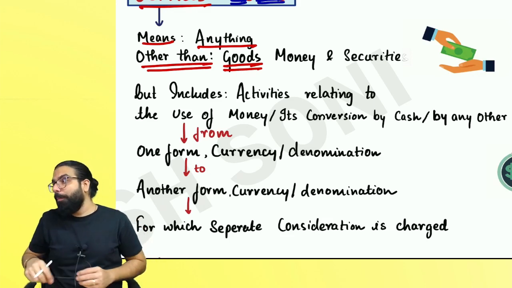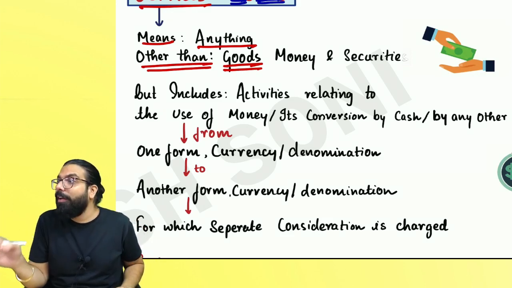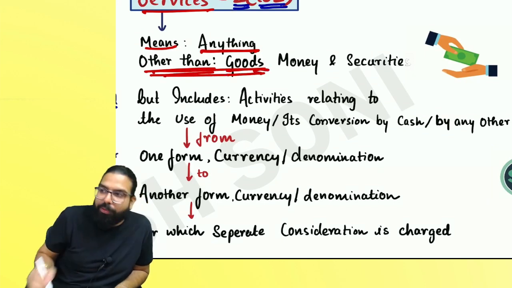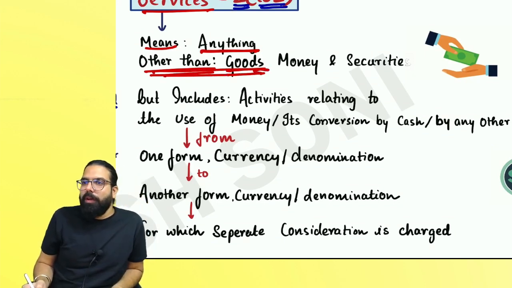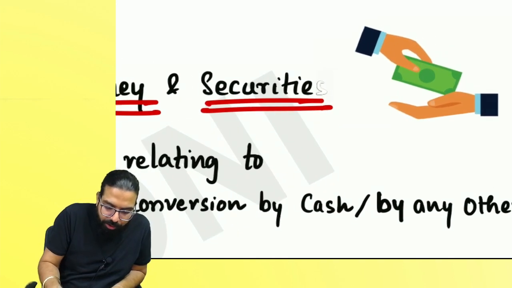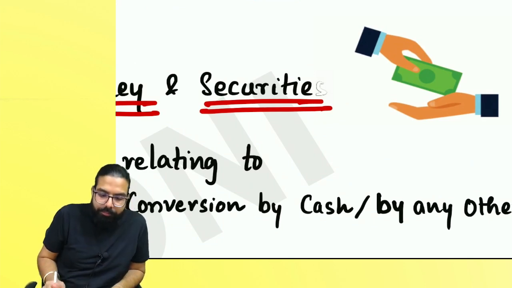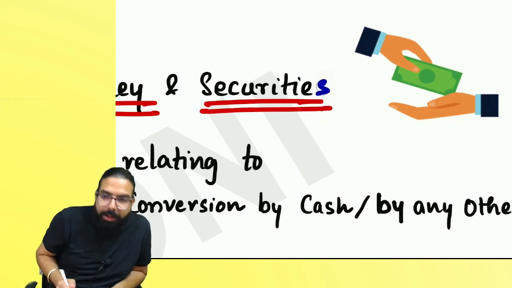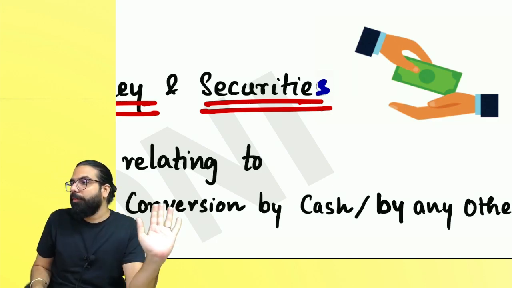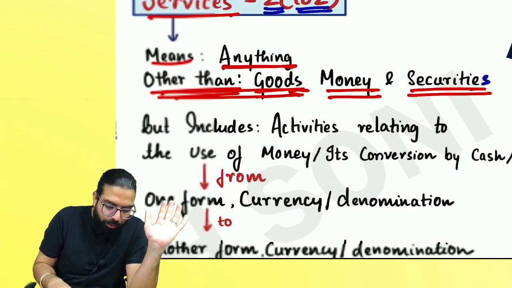In GST, you have to remember what is immovable is what? Service. Because service means anything other than goods. Anything other than goods is what? Service. And money and securities. Money and securities are what, everyone? Money and securities are also not service. Goods means what?